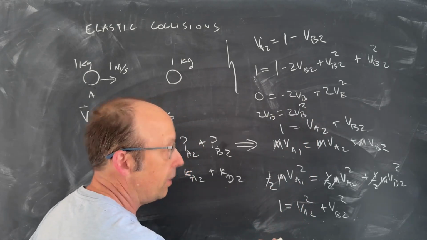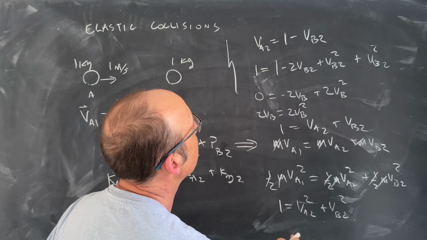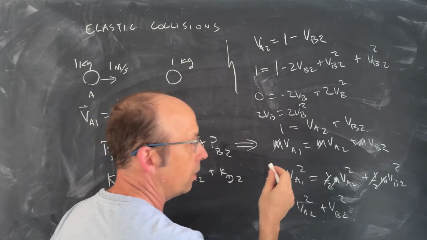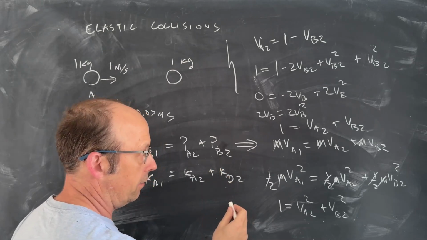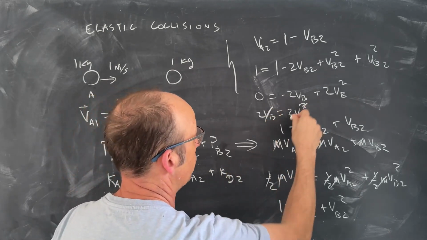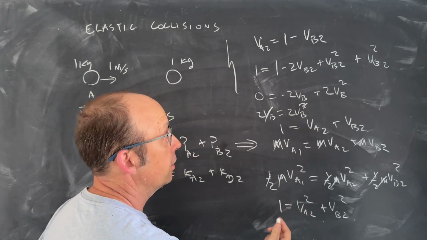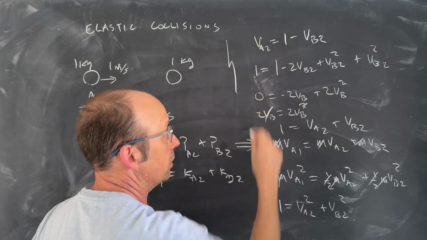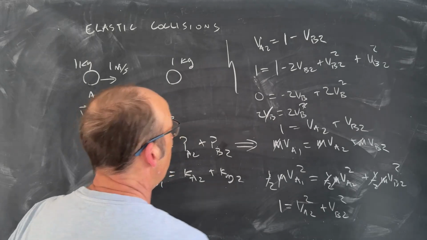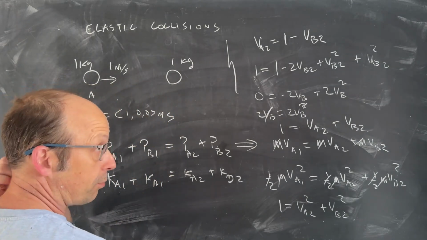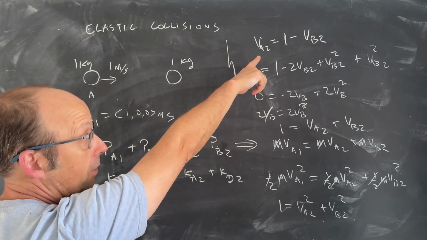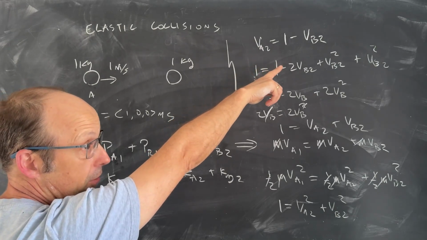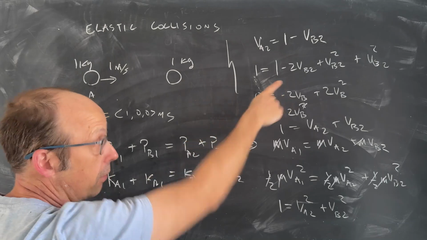So VB is going to be either plus or minus 1. Well, no, I cancel that. So it's going to be equal to 1. Okay. So if VB2 is equal to 1, VA2 is equal to 0. Now, if I had solved the other way around, I would have gotten VA2 is 1 and VB2 is 0. Both of those are valid solutions.